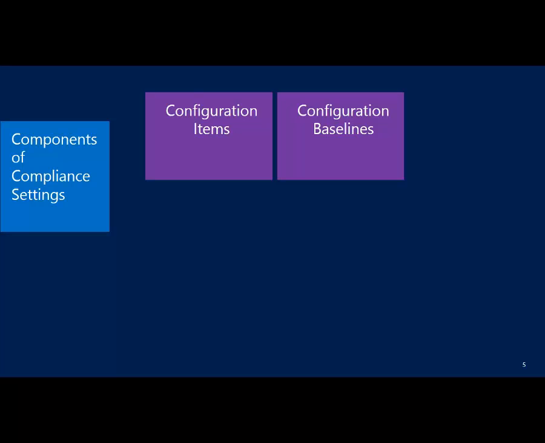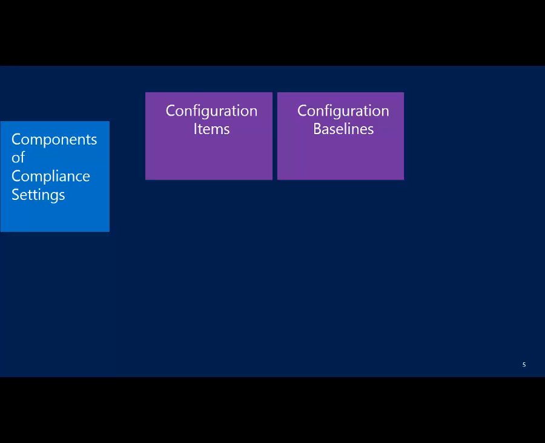I like to think about building configuration items where possible in a modular way so they can be reused. Could be that there's a particular setting that you need to evaluate in multiple scenarios. Why build it multiple times? Why not build it one time on a single configuration item, and then if you need to include it on a baseline, you just add it in, right?